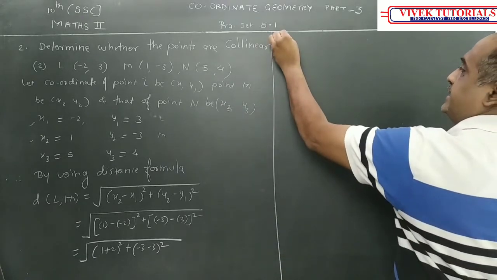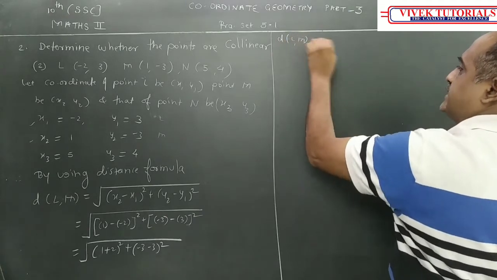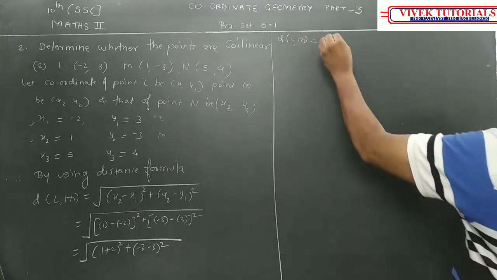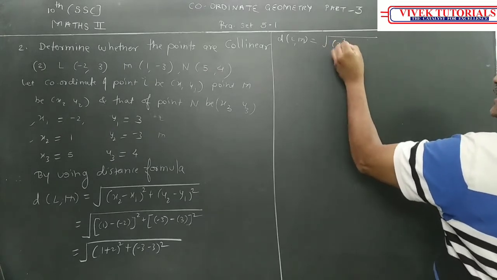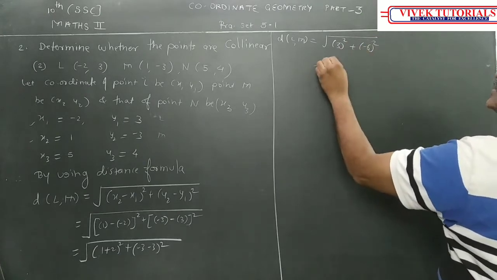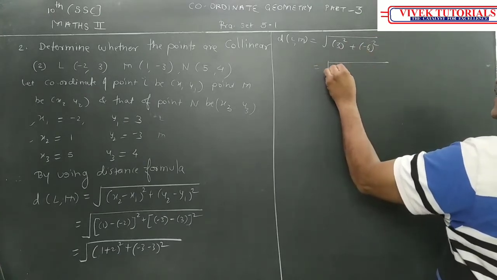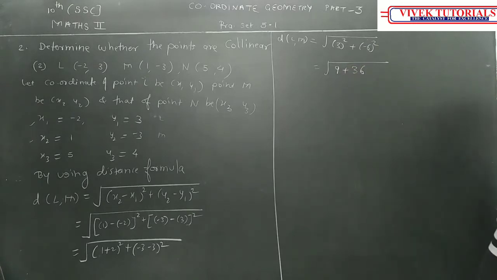So distance LM is equal to under root 3 the whole square plus minus 6 the whole square. 3 square is 9, and then this is 36.